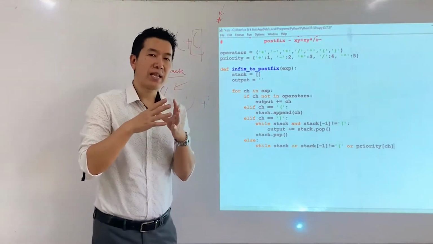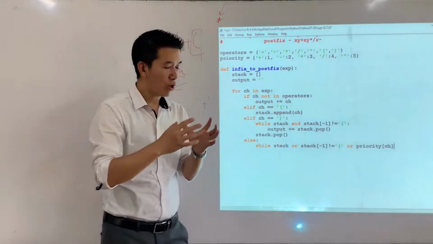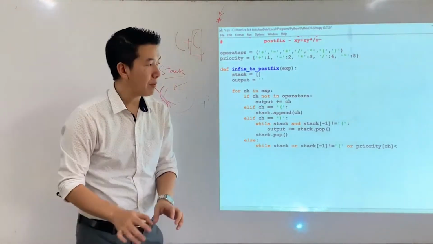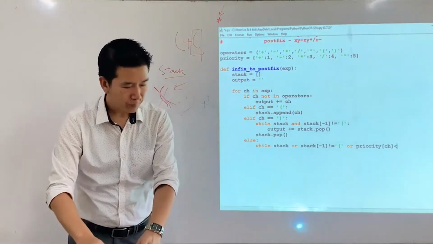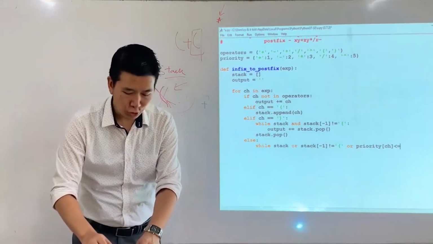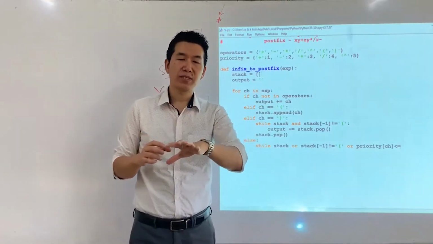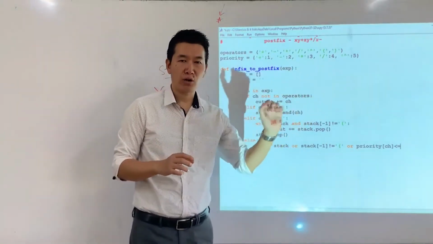Now if the precedence level of the incoming operator is less than the last element in the stack, or if it's equal to, then we should pop the last element in the stack and have it added to the output.